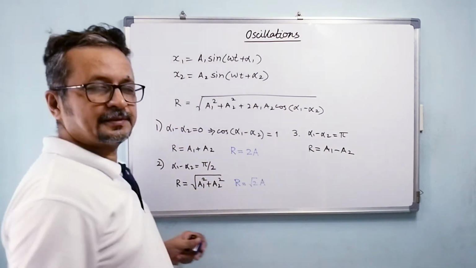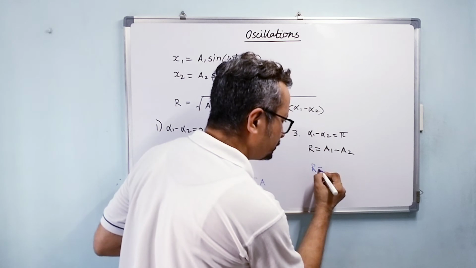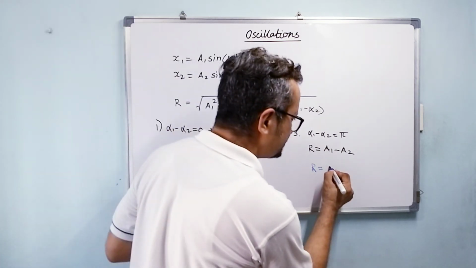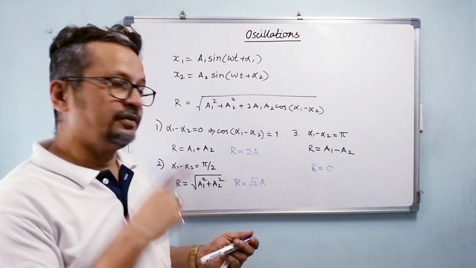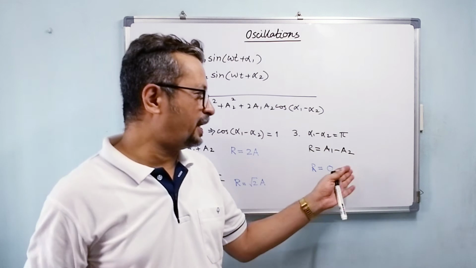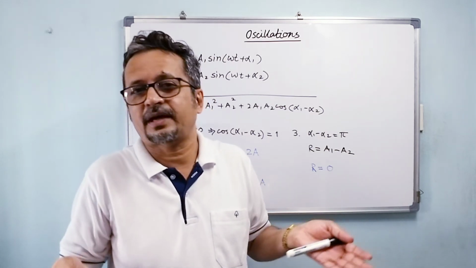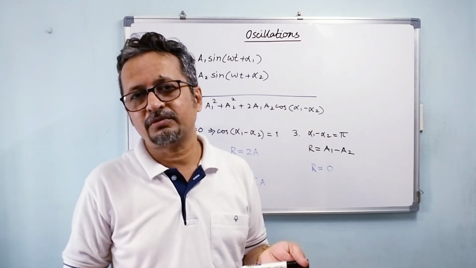What about the third case? My r is going to be equal to a minus a, won't it be 0 here? So if my phase difference is pi and the amplitudes are equal, then the resultant amplitude, or resultant displacement at that point, would be equal to 0.